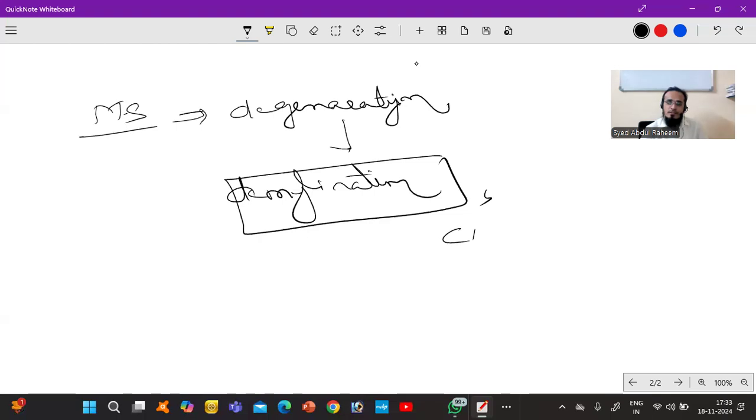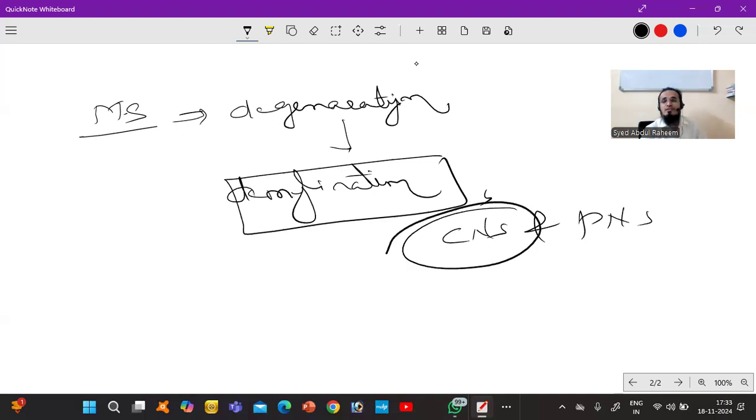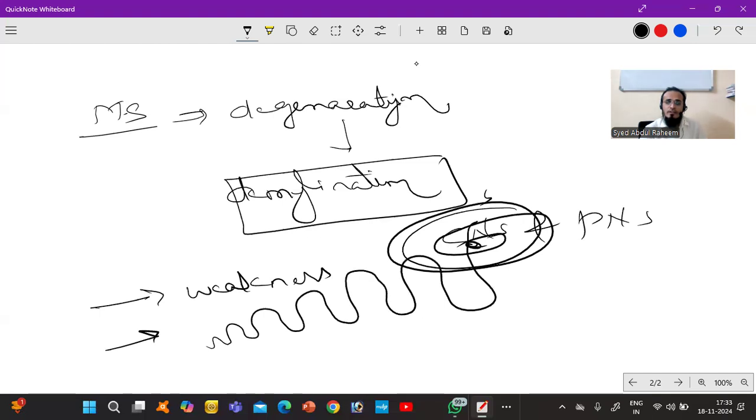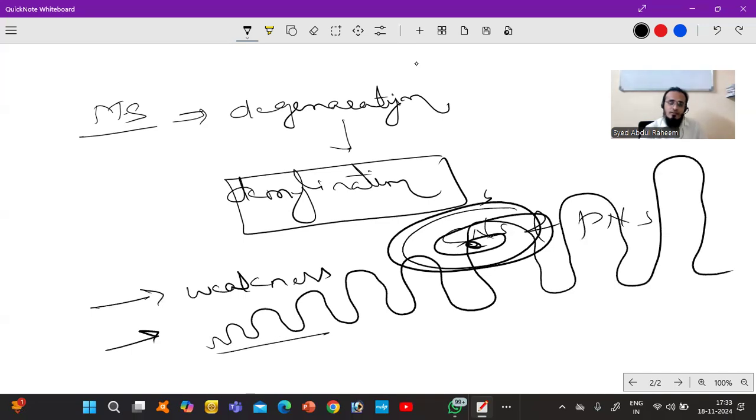We have the central nervous system and the peripheral nervous system. It will happen in the central nervous system, so that is the reason it is very dangerous. Gradually the weakness increases, a gradually progressive weakness, and the graph will increase like that.